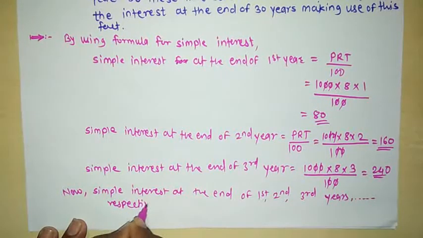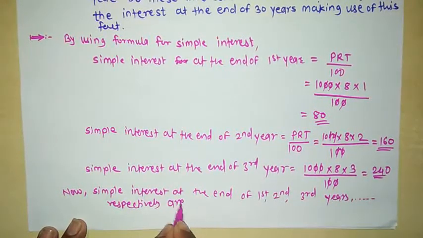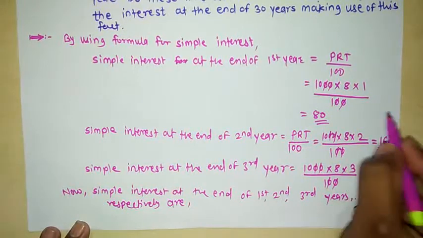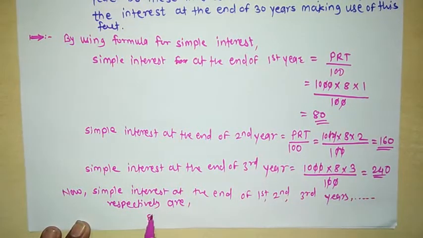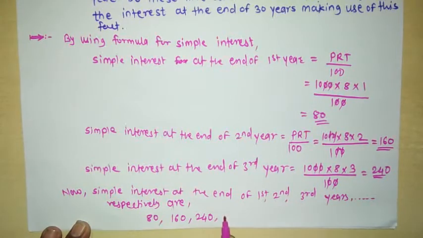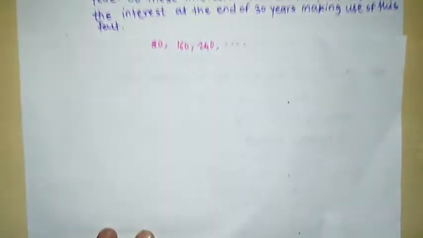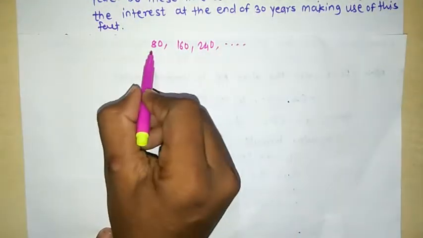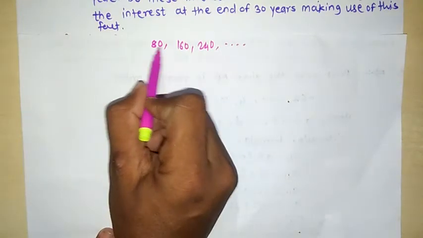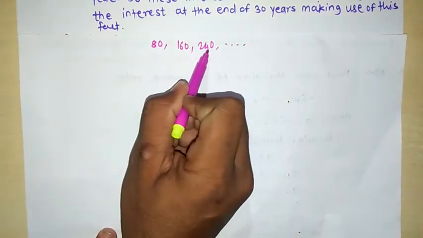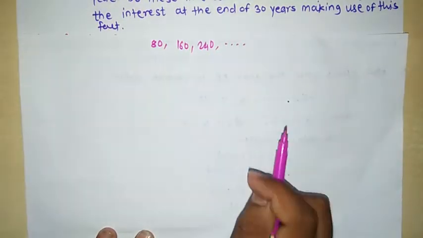What is the first year interest? Rupees 80, and the second year will be rupees 160 and the third year will be rupees 240, and so on. Here we got the list of interests: rupees 80, rupees 160 and rupees 240 and so on.